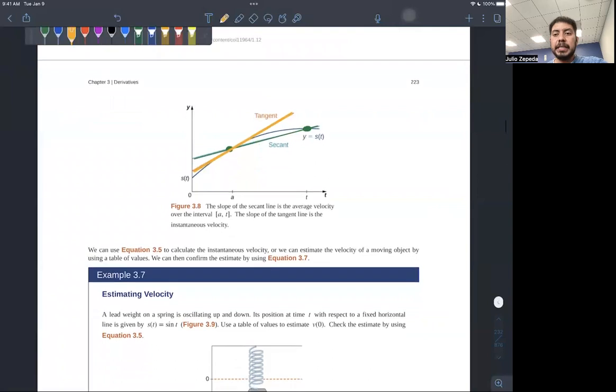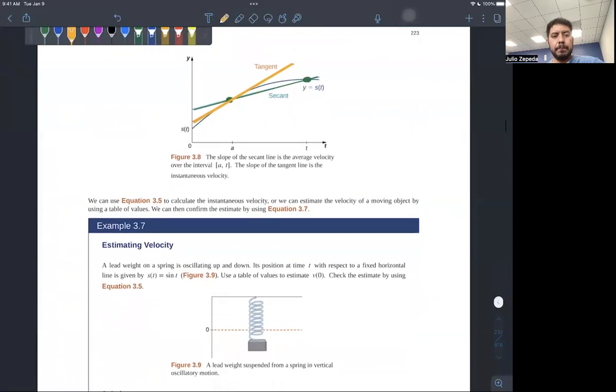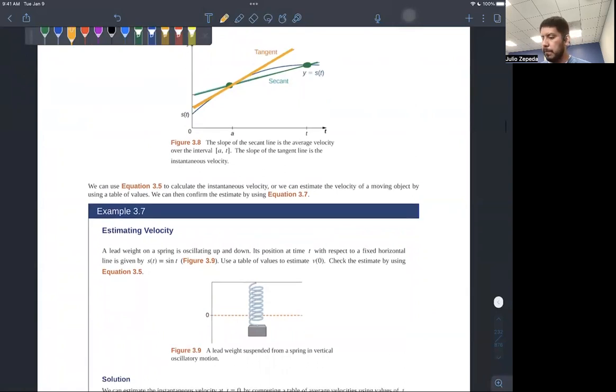And we can get the instantaneous velocity at that point. We can use equation 3.5 to calculate the instantaneous velocity, or we can estimate the velocity of the moving object by using a table of values. We can confirm the estimate by using equation 3.7.